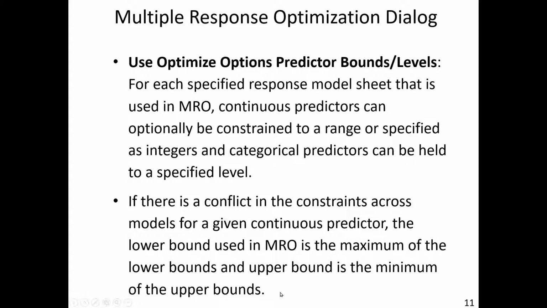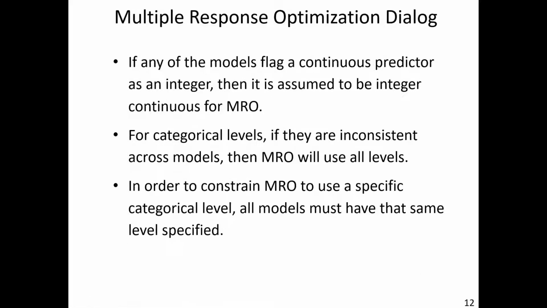So you actually only need to change one of the predictor bounds, and it will automatically pick that up and use that as the constraint. So you don't have to go through and change all of them in every response. Also, if any of the models flag a continuous predictor as an integer, then it is assumed to be an integer for multiple response.